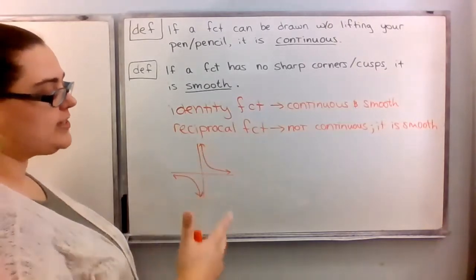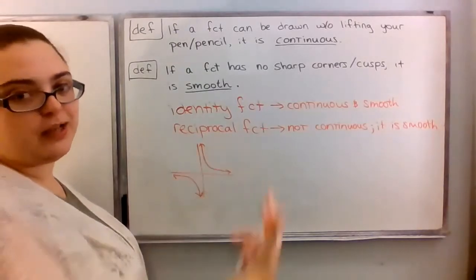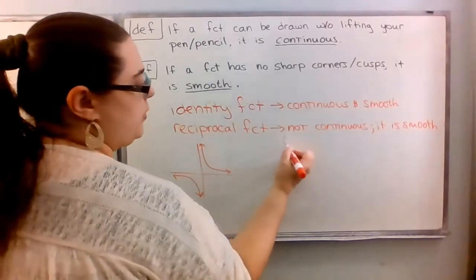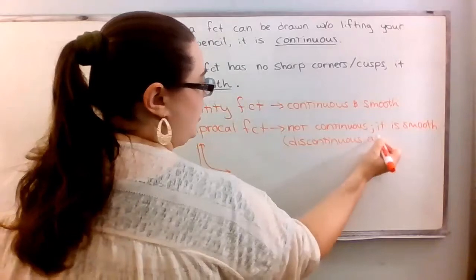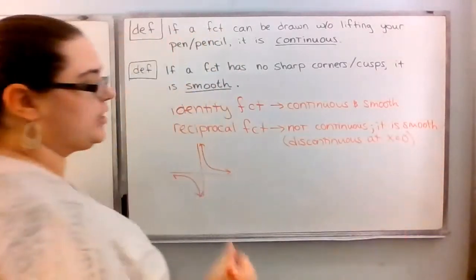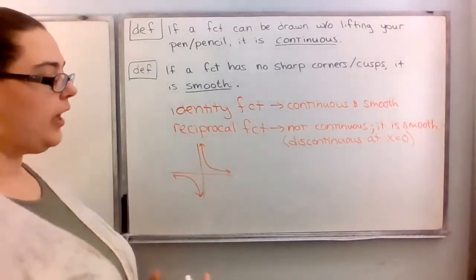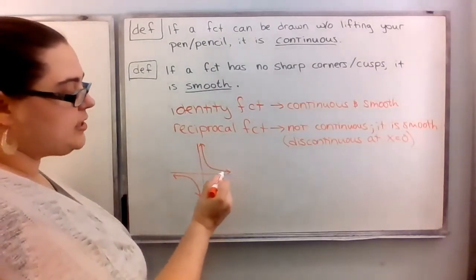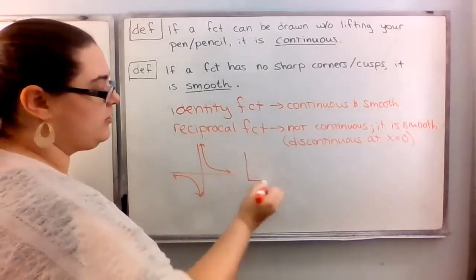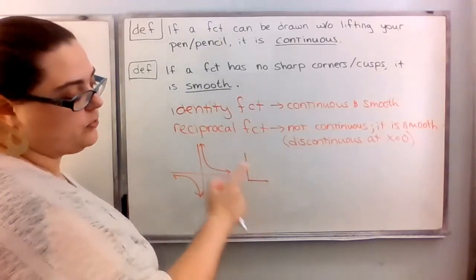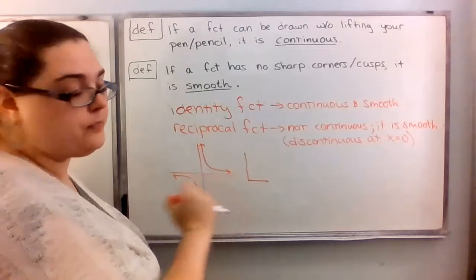So the reciprocal function, we would say, has a discontinuity when x is 0, because that's where the break happens that I had to pick up my pen or my pencil or marker. So we would say it is discontinuous at x equals 0, because that's where the break occurred. Now, the reason that we're saying that it's smooth, it does have some turning to it, but it's a nice smooth turn. It's like a gradual descent and turnaround. It's not a sharp angle. So a sharp angle is not smooth, but this gradual turnaround is smooth.